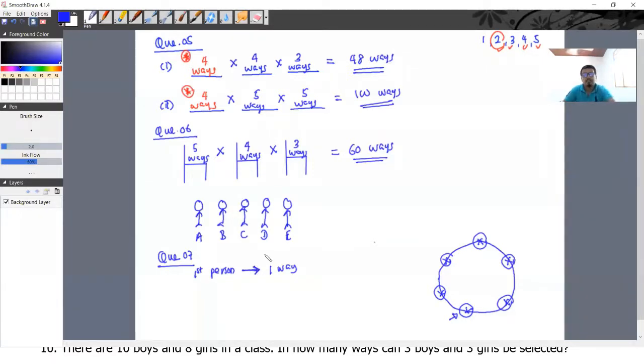The first person has just one option. Wherever he goes and sits, what happens? No one on the left, no one on the right, no one anywhere. Therefore he is left with only one possible option. One way. In a circle, wherever he goes and sits is the same. Only one way. Assume he has seated here.